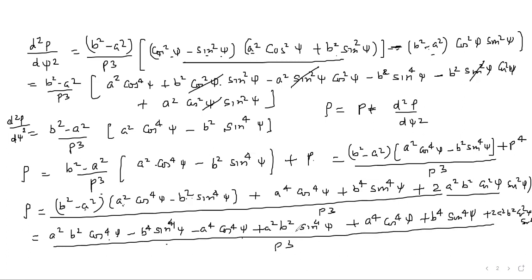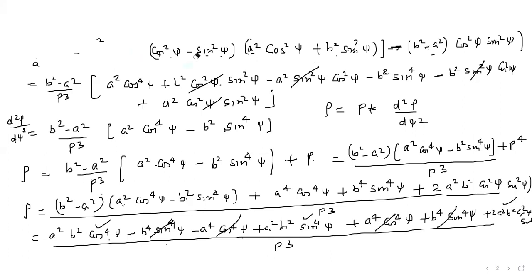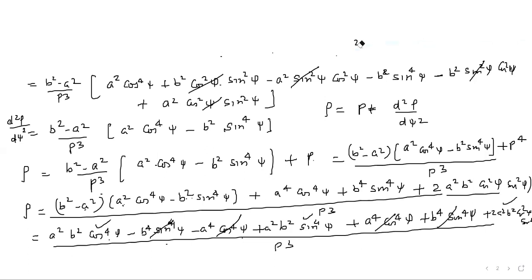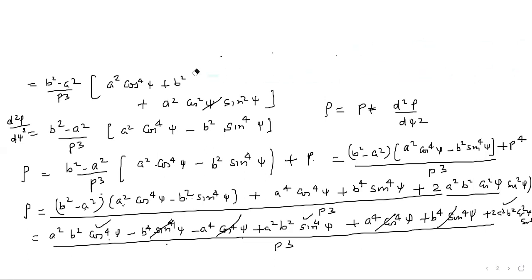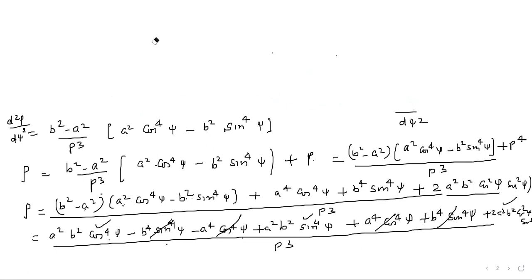Now a power 4, this term will cancel out, and this term will cancel out. Now we are left with this term and this term. So let's write it further. This will become rho equals.